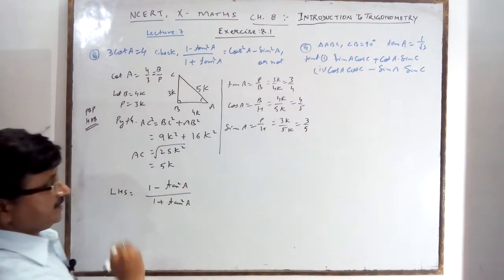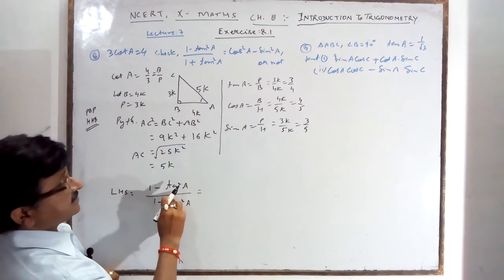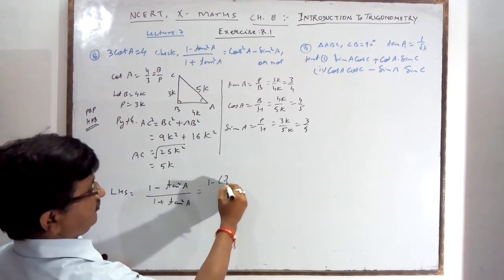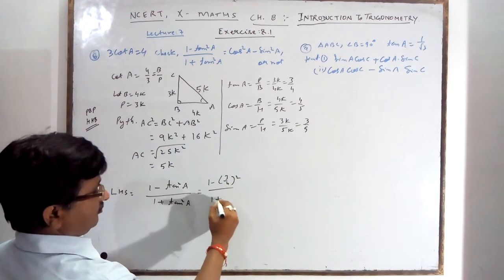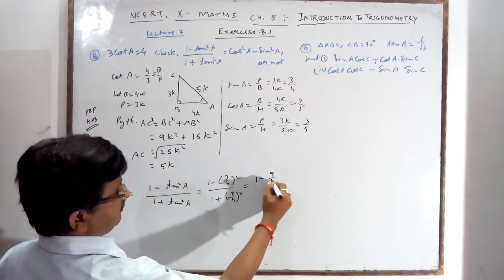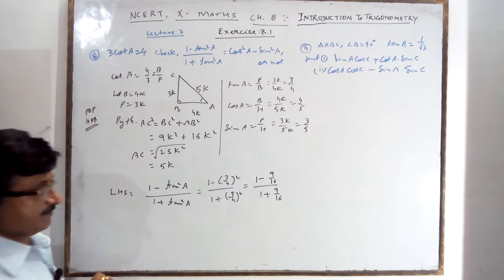Put the values from here to here. You are putting in 1 minus tan square A. What is 1 minus tan square A? 1 minus (3 by 4) square upon 1 plus (3 by 4) square. You get 1 minus 9 by 16 upon 1 plus 9 by 16.